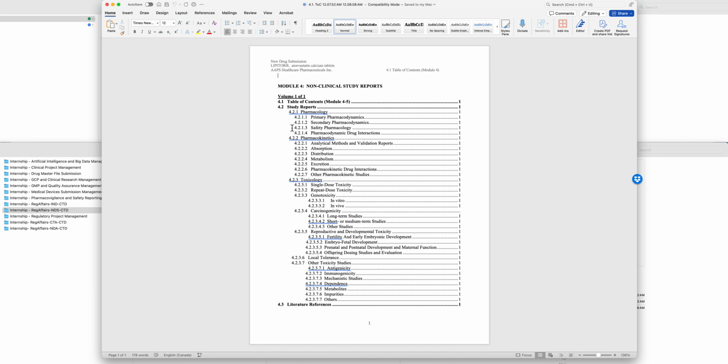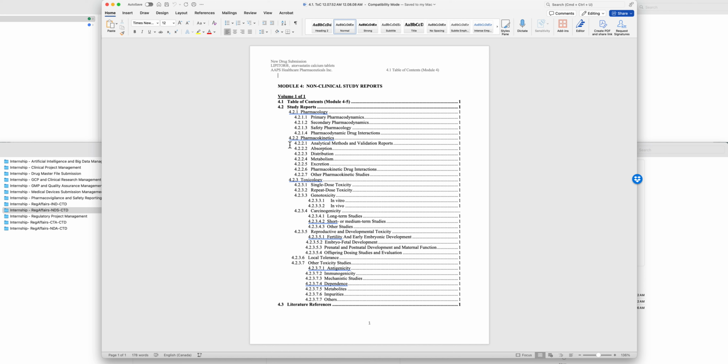And then here in module 4214, we are going to add all of the reports of studies that have been done where we have been looking into the drug-drug interactions or interactions of other drugs with our drug in animal models.